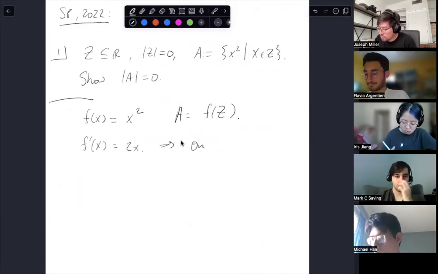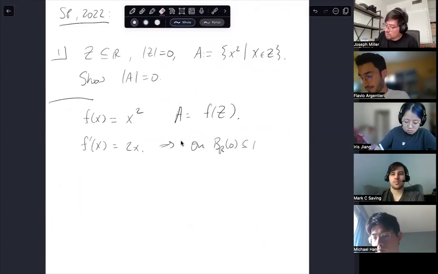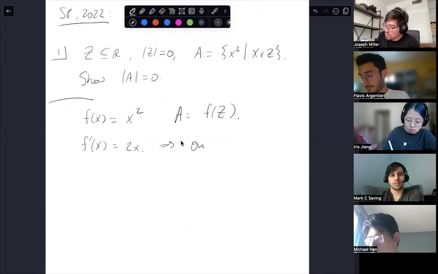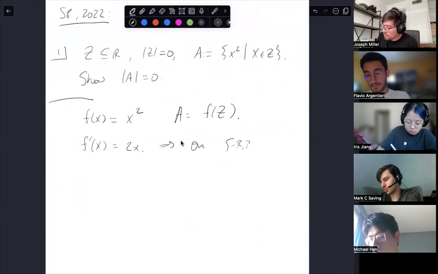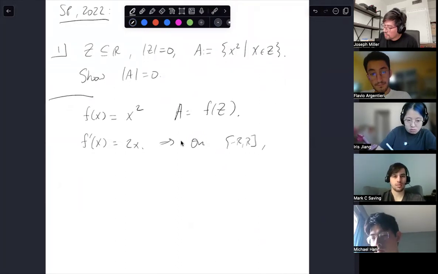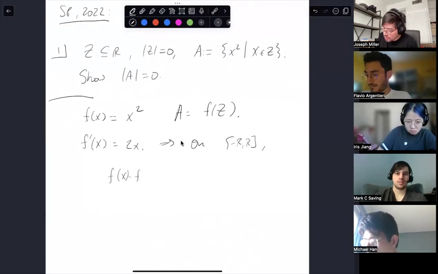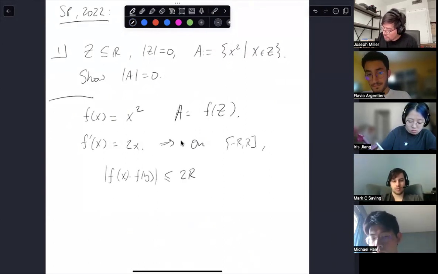So on any ball of radius r, we're in one variable, so this is just negative r to r, what I have is |f of x minus f of y| is less than or equal to 2r times |x minus y|.